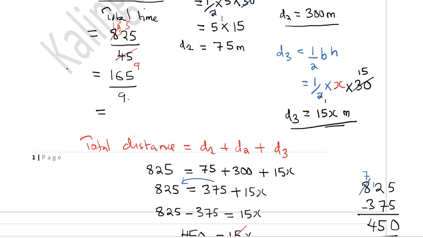Remember, this is paper 1. So I can divide this 9 into 165. We know that 5 can't go into 9 without leaving any remainder, isn't it? And we know that 9 can't go into 165 without leaving any remainder.